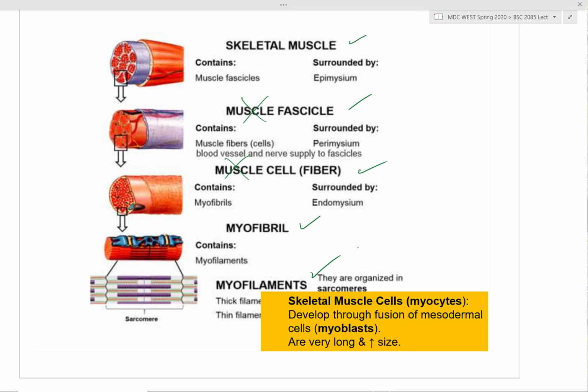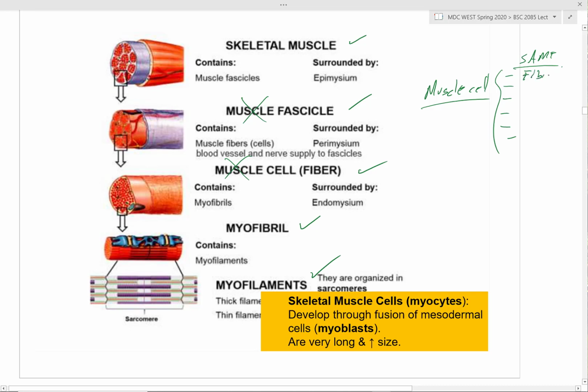So if you want to write it down, you can just do this. You can say muscle cell, right? And then you can just write down all the names. And you put their synonyms, or whatever, same thing, right? And then you write down what? Fiber. What else are you going to write? Skeletal muscle.